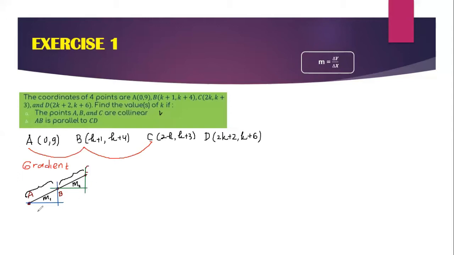So the conclusion is M1 equals M2. Because M1 equals M2, A, B, and C are collinear.